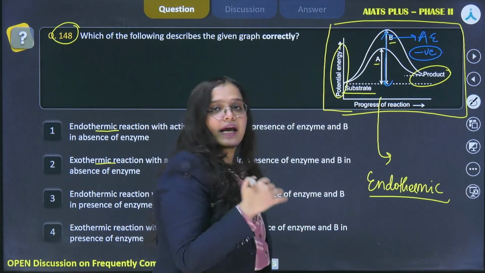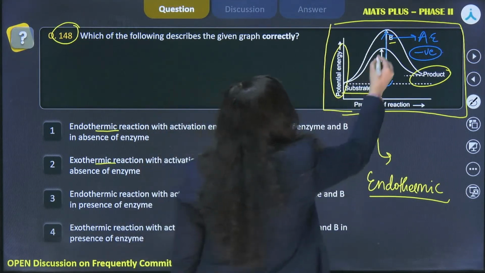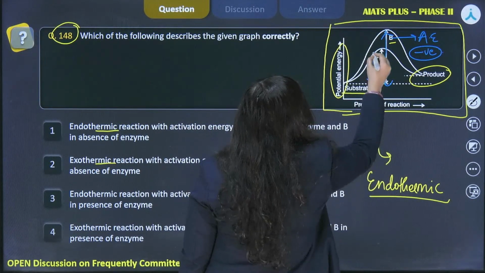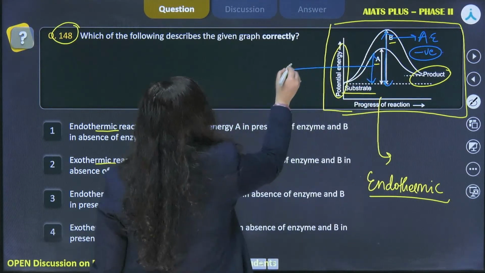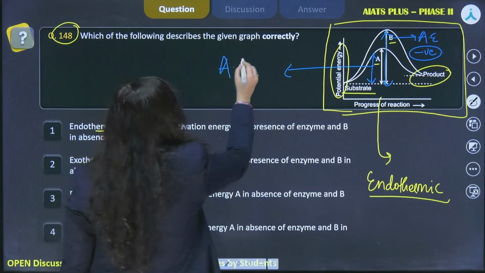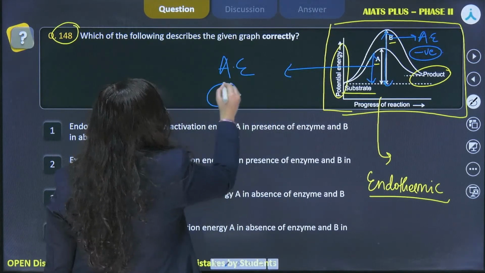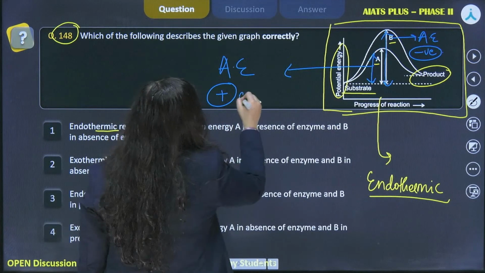The enzyme is absent here, whereas the energy barrier which is lower and represented by A must be the activation energy in the presence of enzyme.